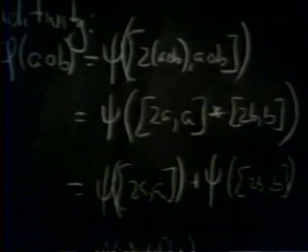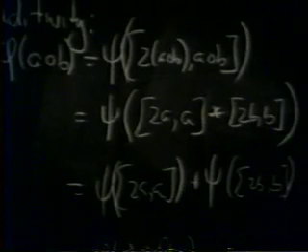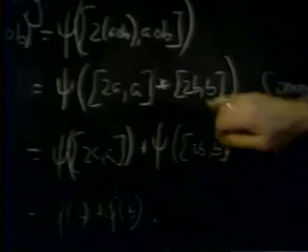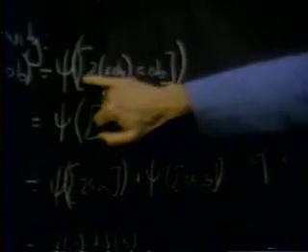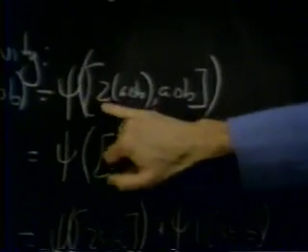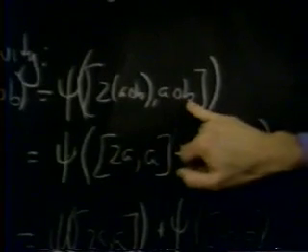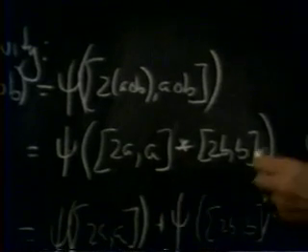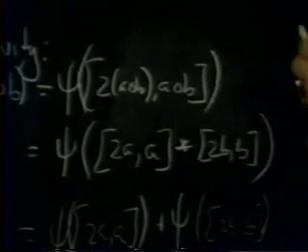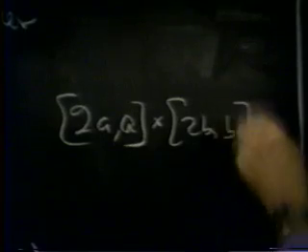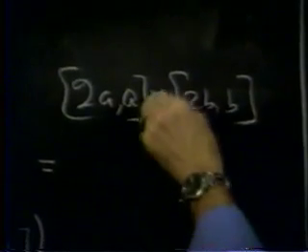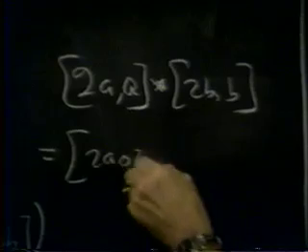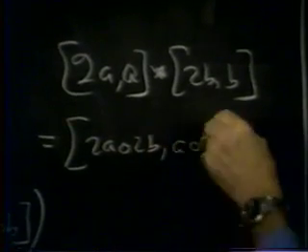Then, if you know it's commutative, you can write the equivalence class of 2AOB, AOB as this product. You see where it's coming in here: this product, by definition, 2A, A, star, 2B, B, is equal by definition of star to 2A, O, 2B, AOB.